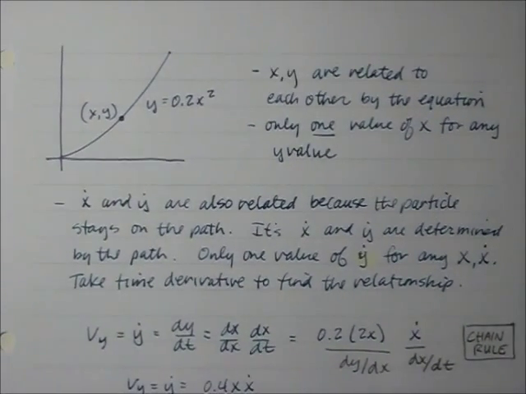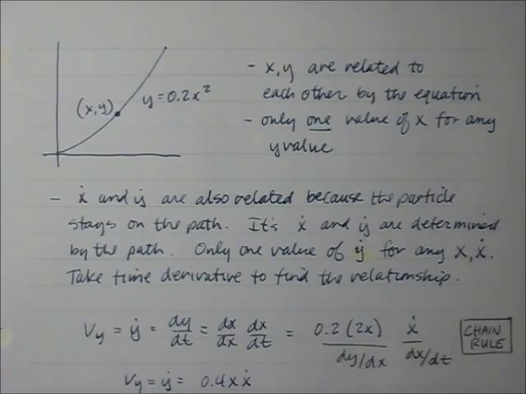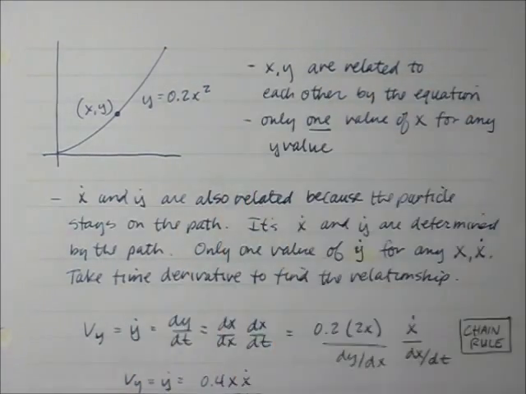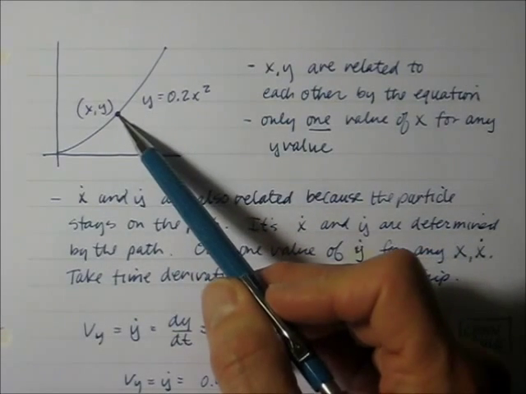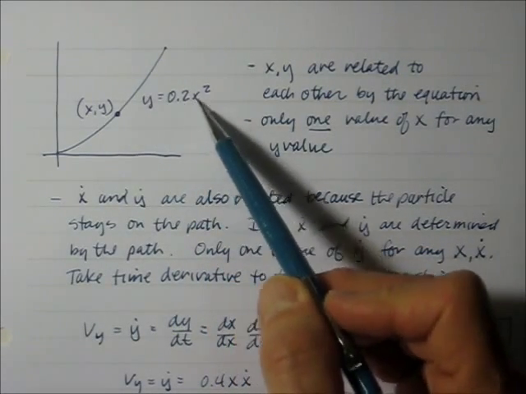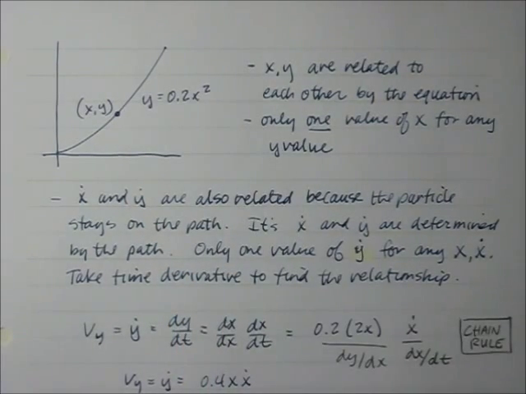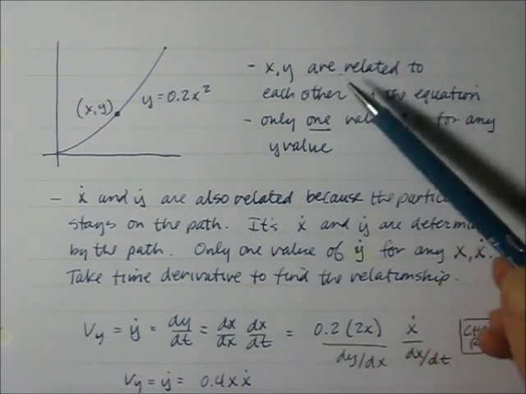Okay, before I talk about these examples, I'm going to come back to that page, but let's look at this little picture, which is a little parabolic path, and for any position xy, our equation can define x as a function of y. So we know that the positions are related.